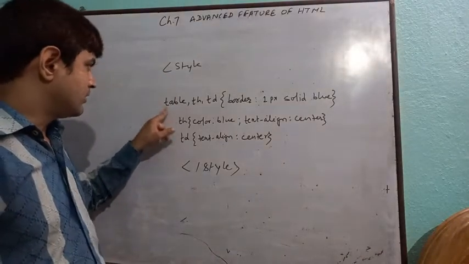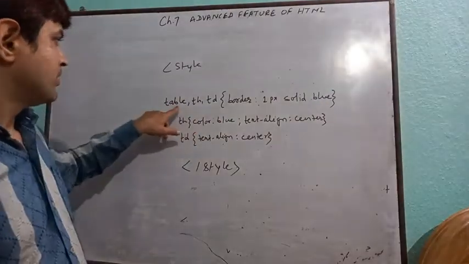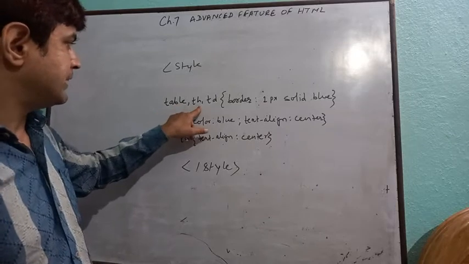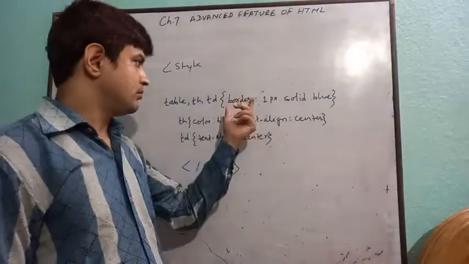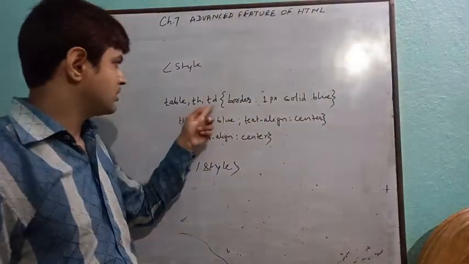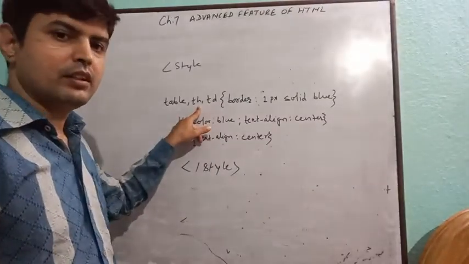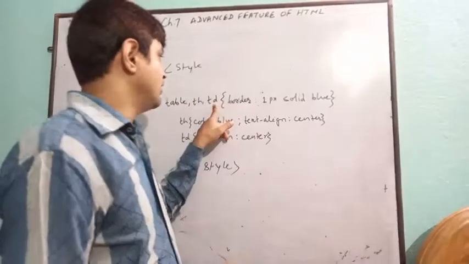Under a style tag, the border properties of the table have been defined. Here we have three parts of the table: table, th and td. Whatever properties are defined next to these will apply on the whole table, on the table heading of this table, and on the table data, that is, on each cell.